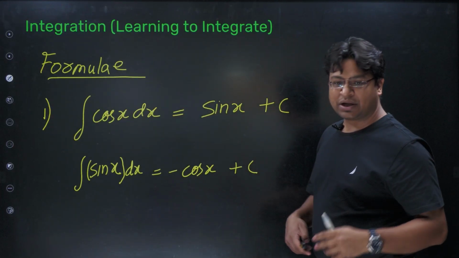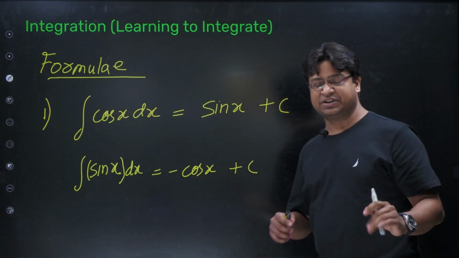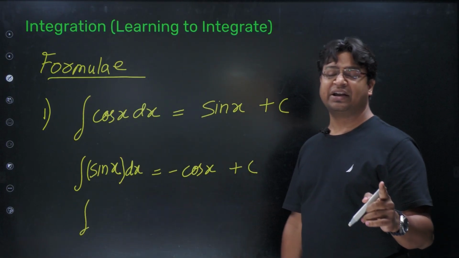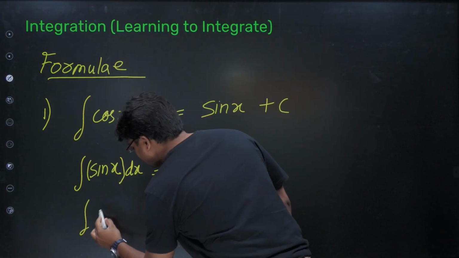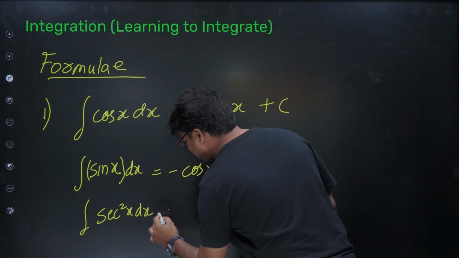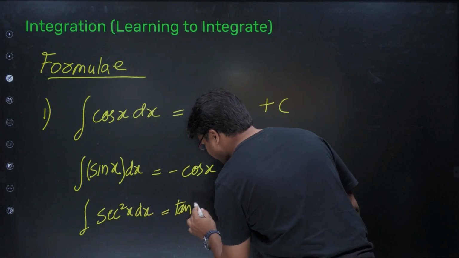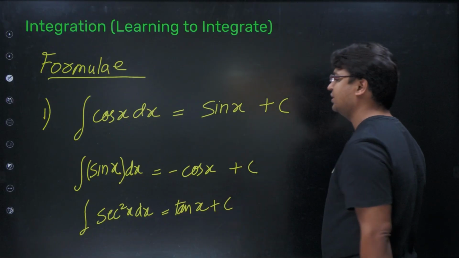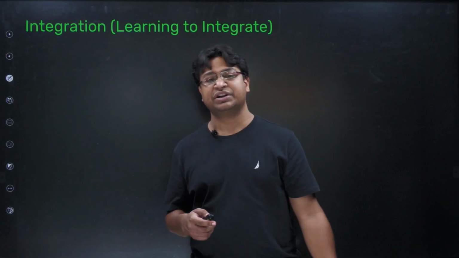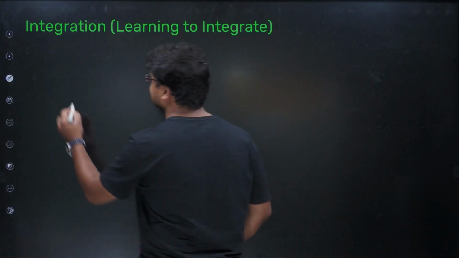Can we make more such formulae? Well, let's finish the trigonometrical formulae. We know that differentiating tan x gives us sec square x. So integrating sec square x will give us tan x. Let's write some more. We know that differentiating sec x gives us sec x tan x.